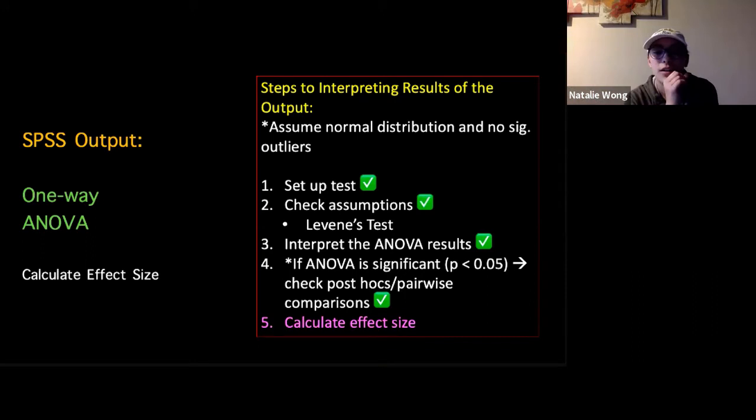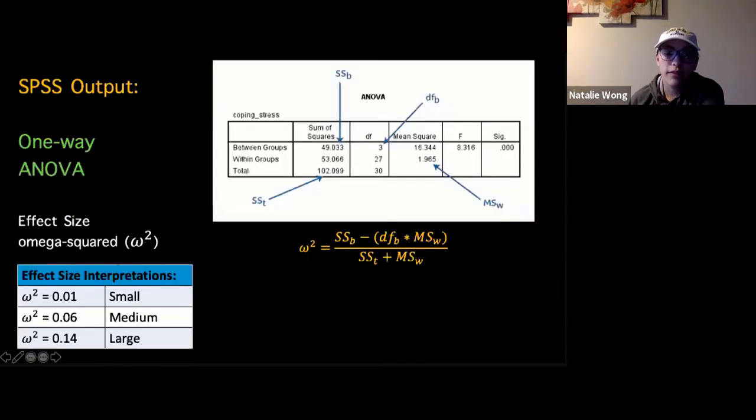So we're still going to calculate the effect size, and then we can cross-reference it in SPSS similar to how we did for t-tests. But the effect size that we're calculating for one-way ANOVAs is omega squared.